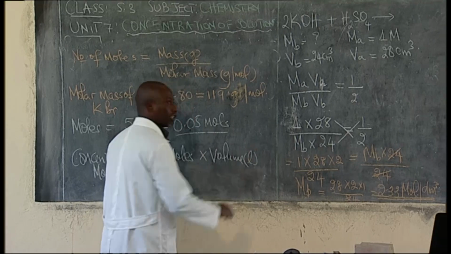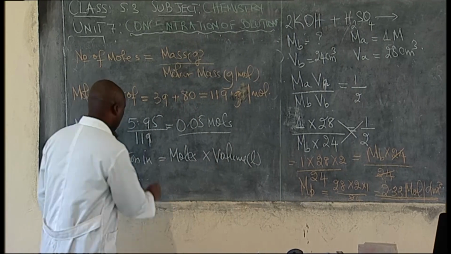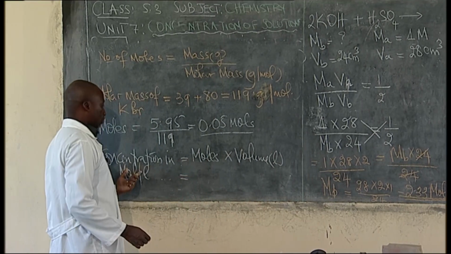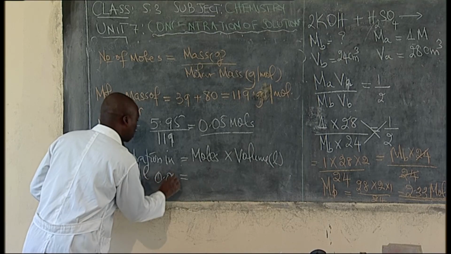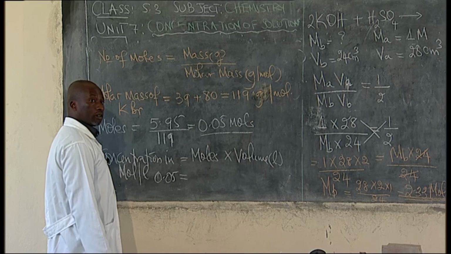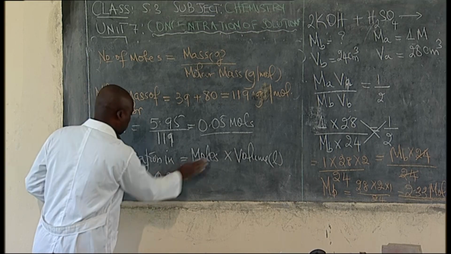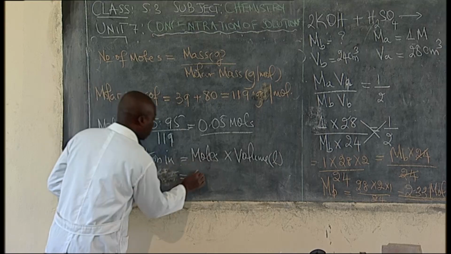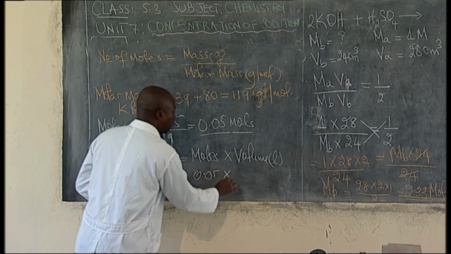Remember, the volume has to be in liters or decimeters cubed. So what do we need now? You have 0.05, that is the concentration. No, this is the number of moles, sorry. This is the number of moles, 0.05 over the volume.